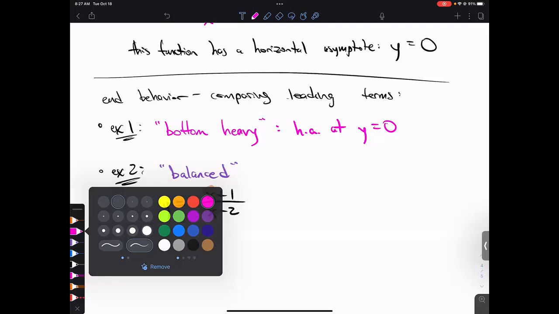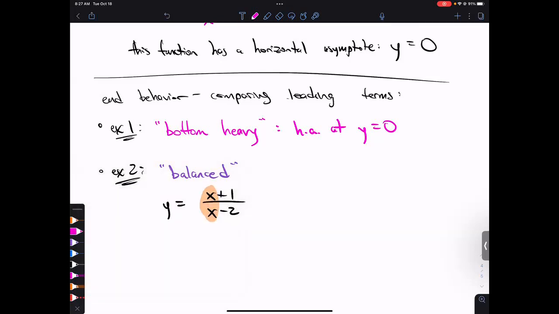When you go out far enough, so when x is 1,000 or 1,000,000 or whatever, the +1 and the -2, who cares anymore? What's another dollar if you're making it 1,000,000 anyway? So those don't really matter so much. What happens when you go far enough out is that this starts to look pretty much like x over x would look.